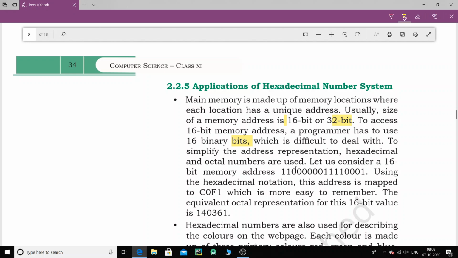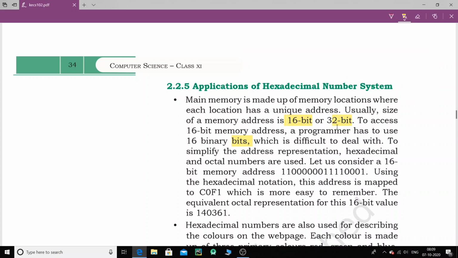So in a way it helps in designing circuits, please understand this. Currently we are not using 16-bit, and maybe few people use 32-bit, but now we are into 64-bit. Your operating system is 64-bit, and your microprocessors are also 64-bit.